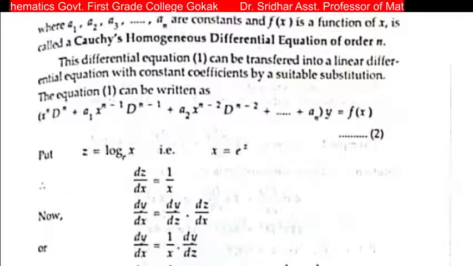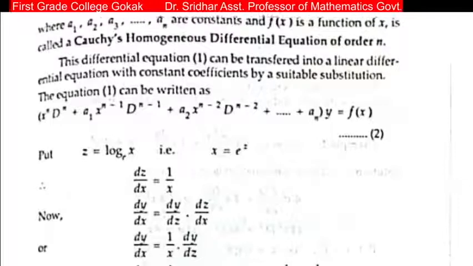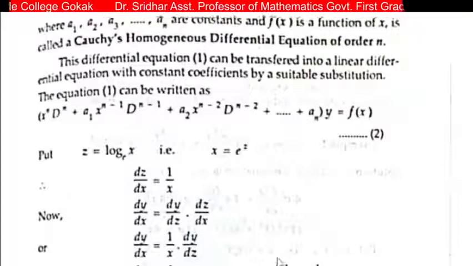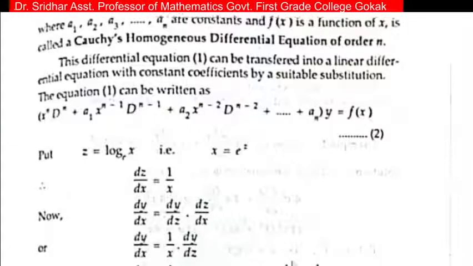That means x into, replace this d by dx by its operator. Now this is an operator, and here the operator is a differentiation with respect to x. So this we denote by capital D. And similarly here this is also an operator, the differentiation with respect to z.